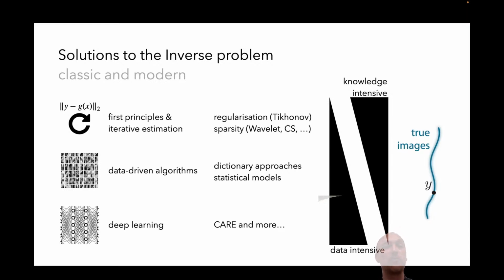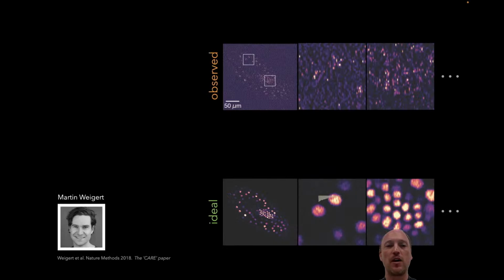And so that's why the field has been moving towards more data-driven approaches, because it's much easier to provide data than it is to actually write very complex mathematical priors that describe what you're actually looking for. And so this has really been the trend, and it's been very interesting to see that happening.